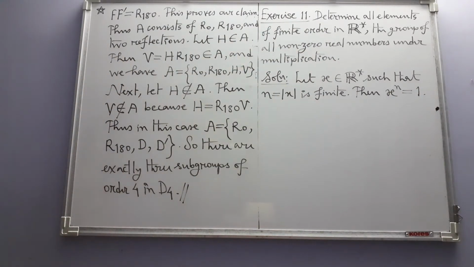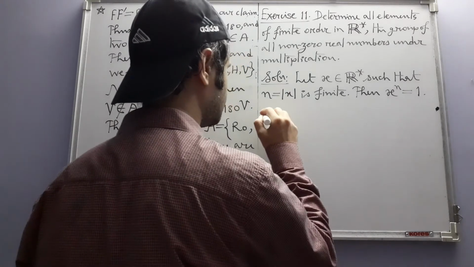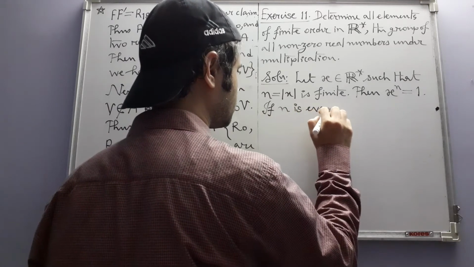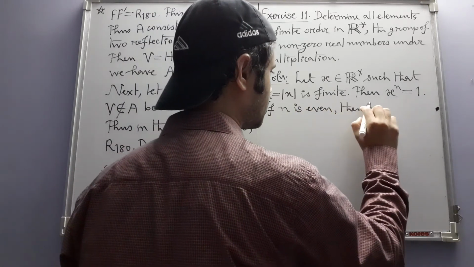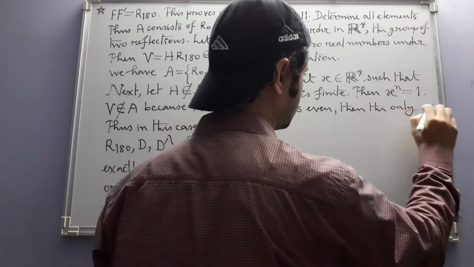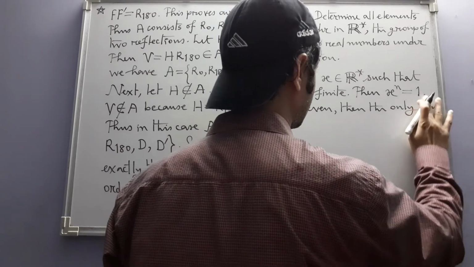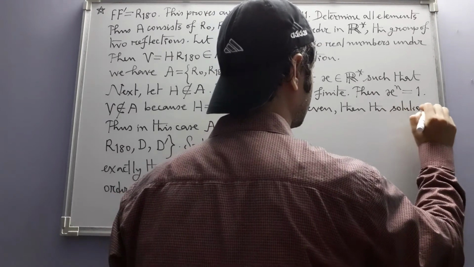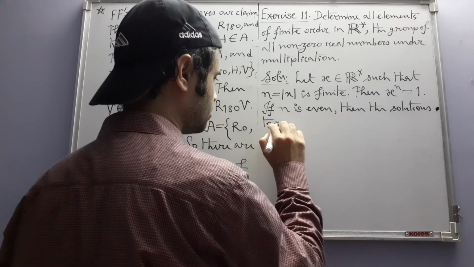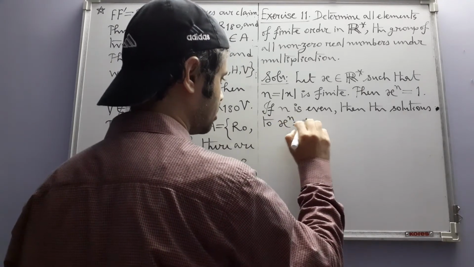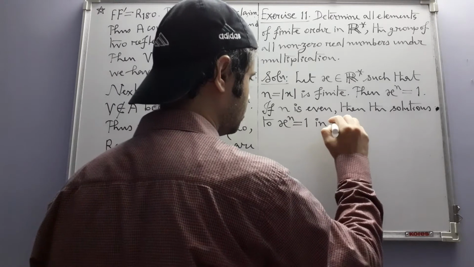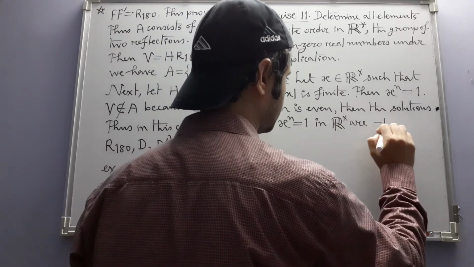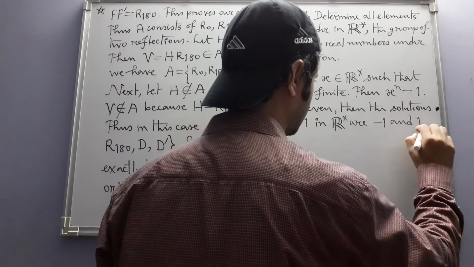Then x to the power n is equal to 1. If n is even, then the solutions to x to the power n equal to 1 in R star are -1 and 1.